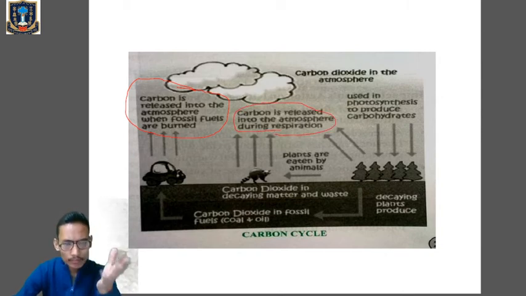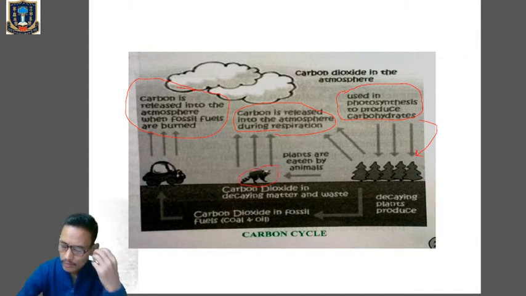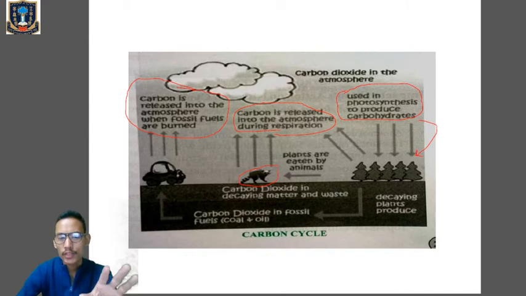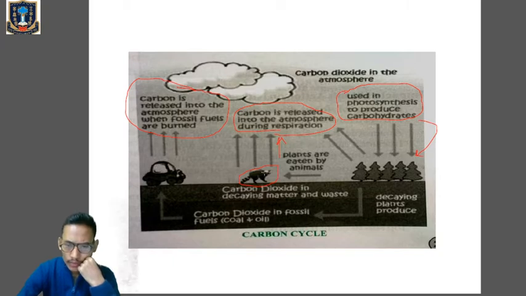Then the carbon present in the atmosphere is utilized by the plant in order to perform photosynthesis. Now those plants will be consumed by the animals. These animals undergo respiration, so carbon will be released into the environment. Now these animals and plants will die, and they will form the fossil fuel.